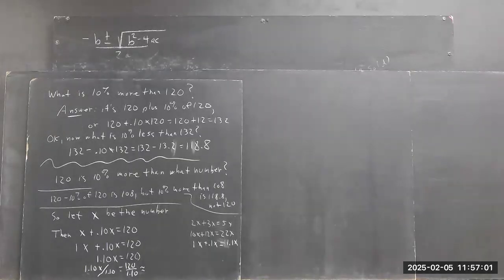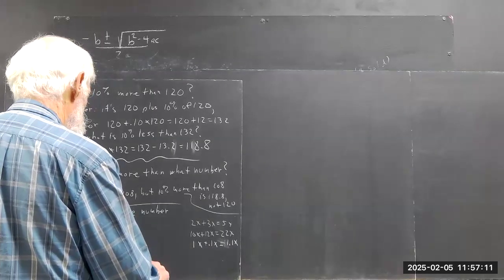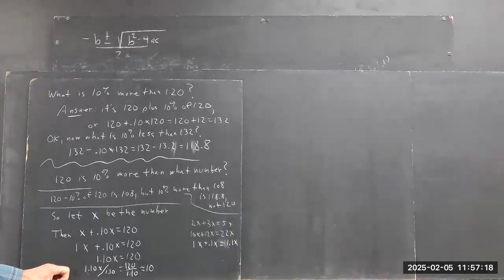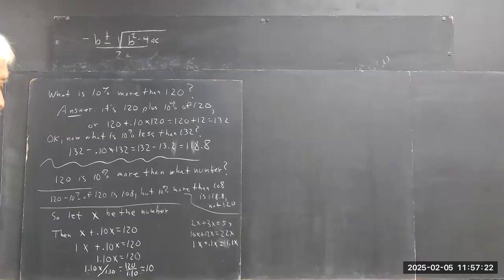You can actually write the exact thing because it's going to be a repeating decimal, but we'll just do an approximation.